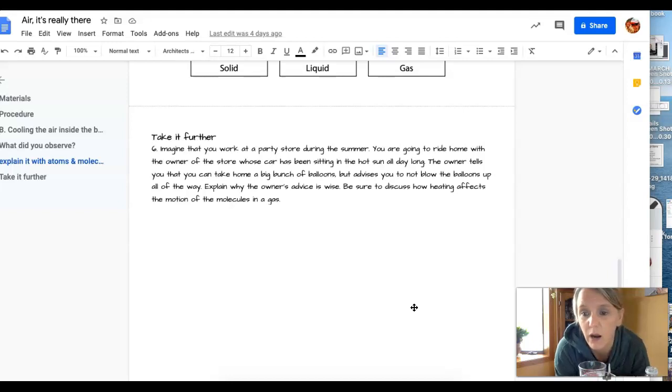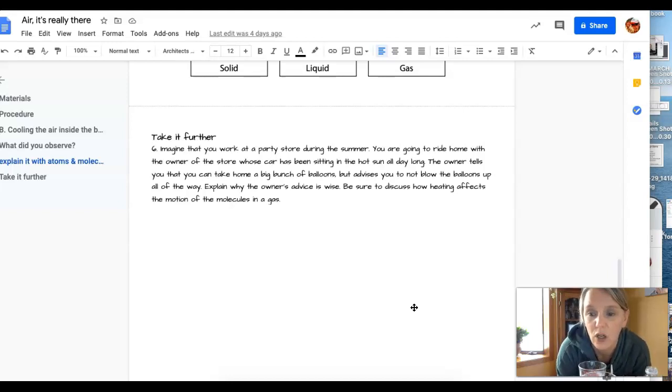You guys know how hot a car can be in the summertime when the windows are up. The owner tells you that you can take home a bunch of balloons, but advises you not to blow the balloons up all the way. Explain why the owner's advice is wise. Be sure to discuss how heating affects the motion of the molecules in a gas.